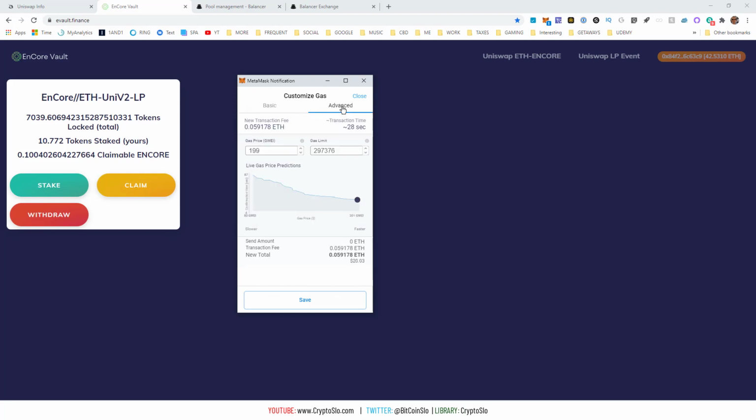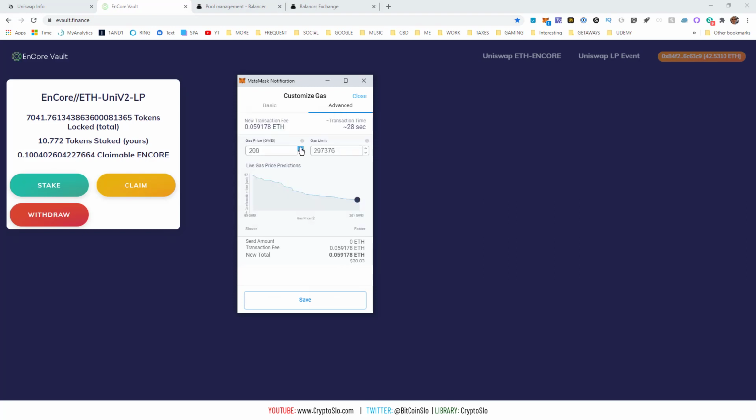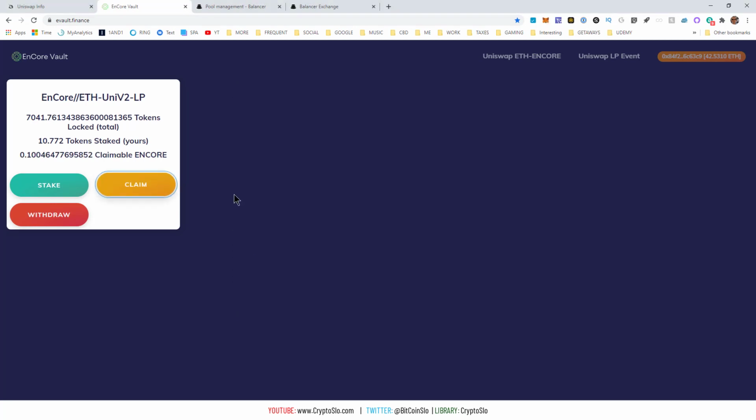Now I will tell you, ETH is a little busy at the time, so if you want your transaction fast and you don't want to miss out on the staking claims, you want to go fast and then advanced and use my bump technique, bump it up a couple extra, hit save. Now I'm not actually going to do that. So then your tokens, wait for that to go around.